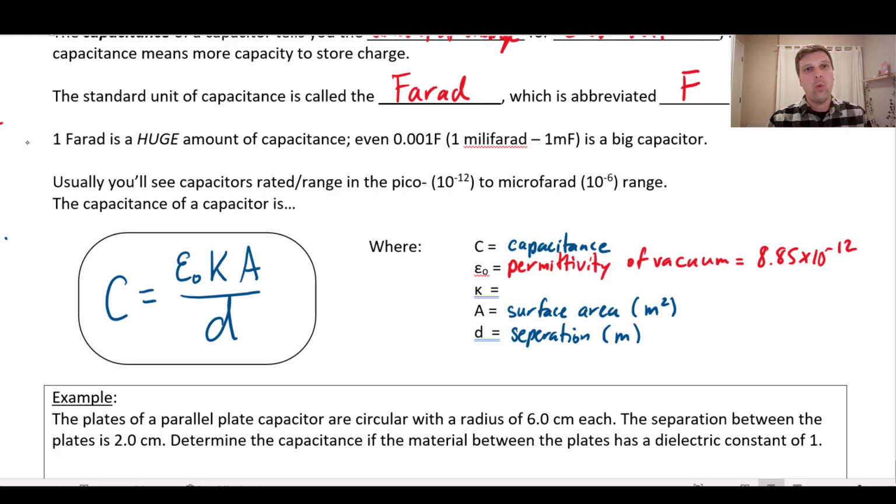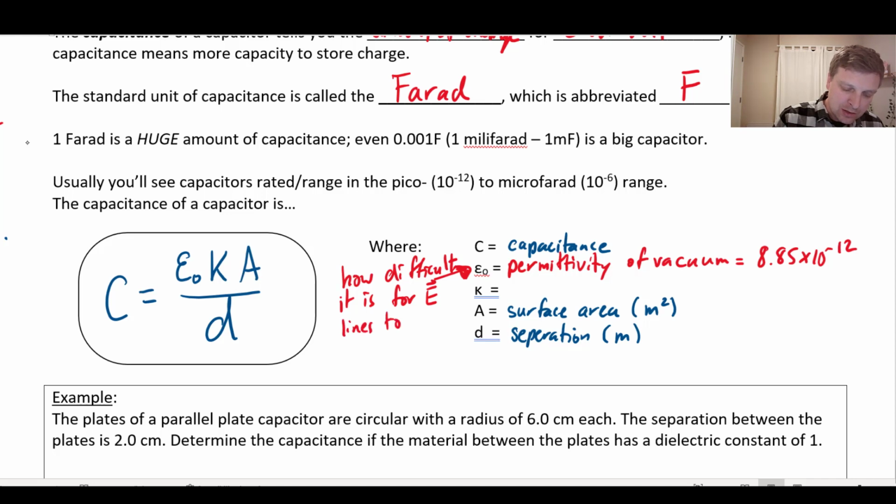Now, what does it mean? Well, basically the permittivity of free space gives us an idea of how difficult it is for electric field lines to move through space.